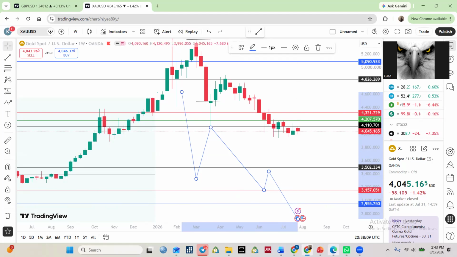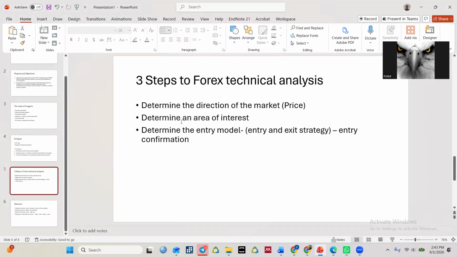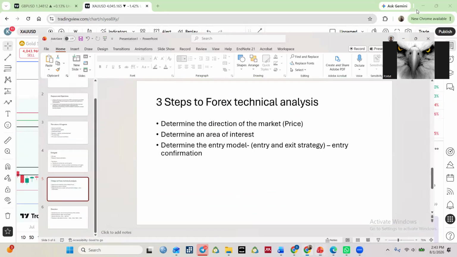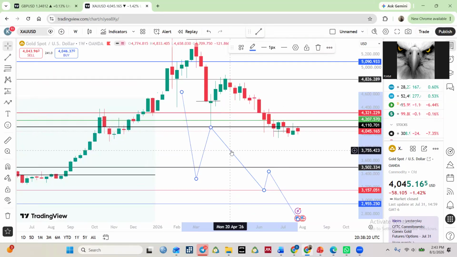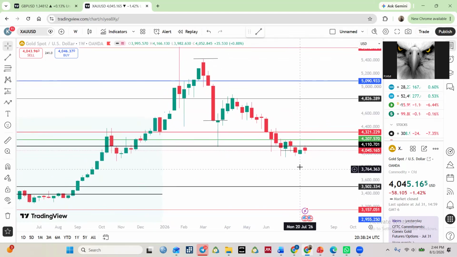That's the second thing on our list, to determine an area of interest. So an area of interest can be where we find that sellers or market participants will be interested in. Maybe there is a resistance or support or something like that there, and therefore the market might not be able to go past that point.